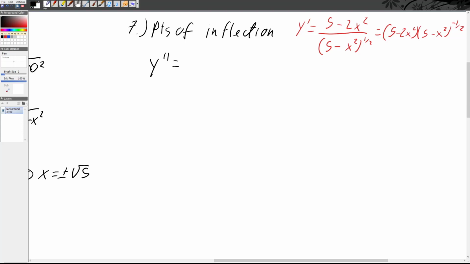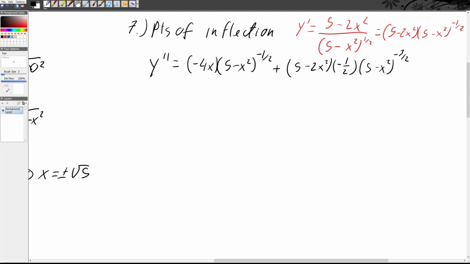So I'll take the derivative of the first term, minus 4x, leave the second term alone, plus leave the first term alone, take the derivative of the second term, which would now then be negative 1/2, leave the inside alone, minus 1 in the exponent, then take the derivative of the inside.